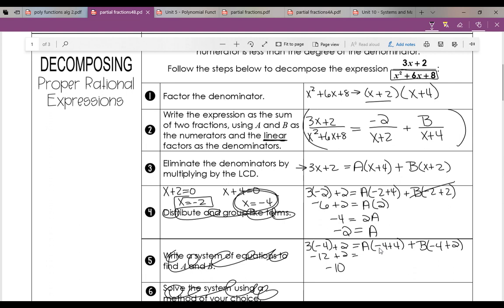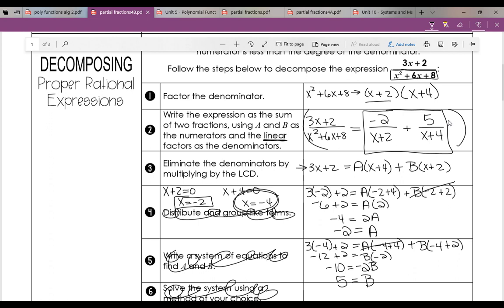On the right, negative 4 plus 4 is 0, so the a drops out, and that gives me b times negative 2. So I end up with negative 10 equals negative 2b, and b ends up equaling positive 5. So I come back up here, I erase the b, I put the 5. That is my answer.